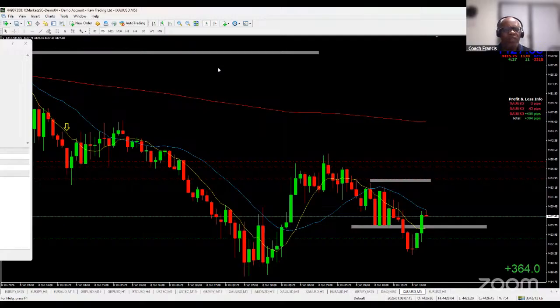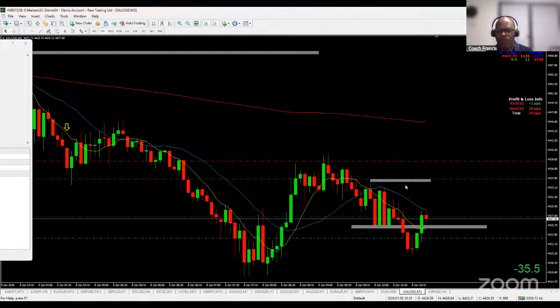Okay, so I've closed that trade I was in. So the trades we're in now are just the trades we entered during this session. So two positions, we've entered one here, another one here. These are the stop losses.